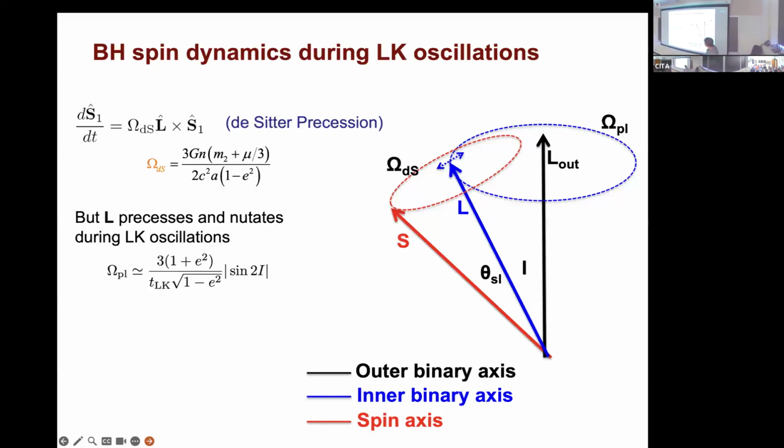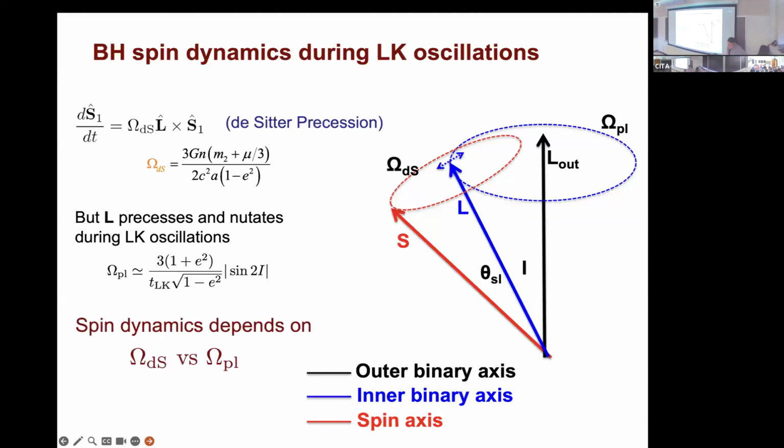On the other hand, this L of the inner binary is also changing during the Kozai process. It undergoes precession and nutation, it's basically wobbling, with a certain frequency. So the spin dynamics depend on the ratio of these two things.